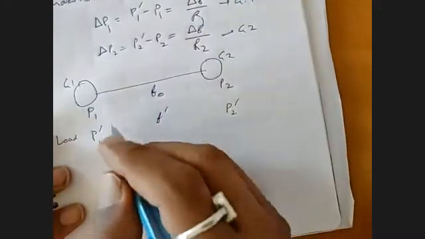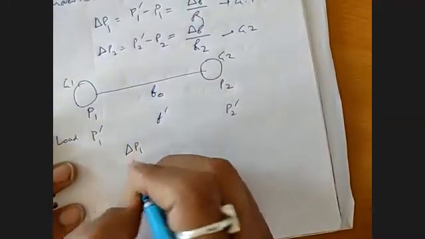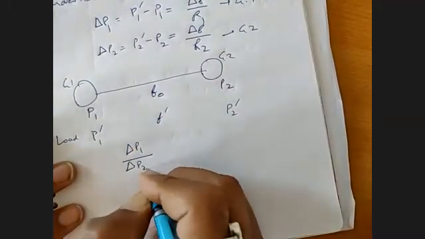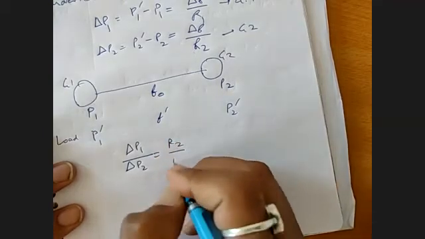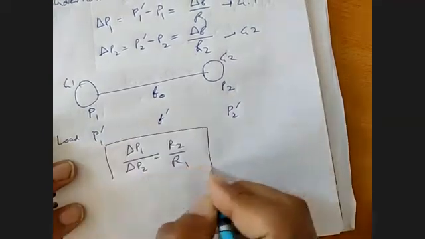Previously it was F naught and now it is F dash. When we equate these equations, we get delta P1 upon delta P2 equal to R2 upon R1. That means the percentage of regulation of the units is inversely related to the change in the output of each unit.